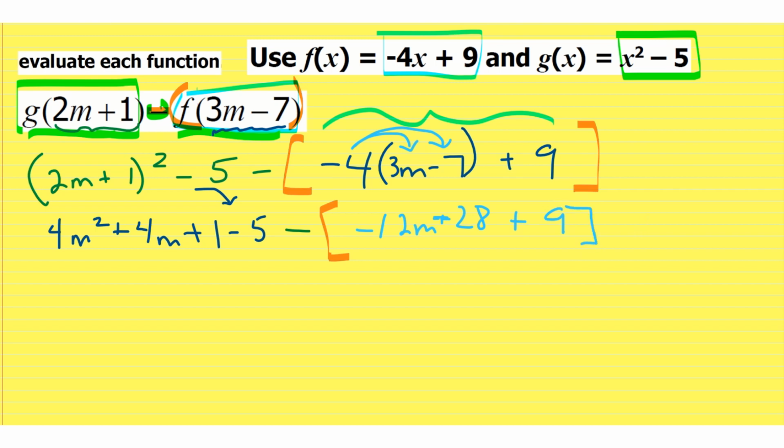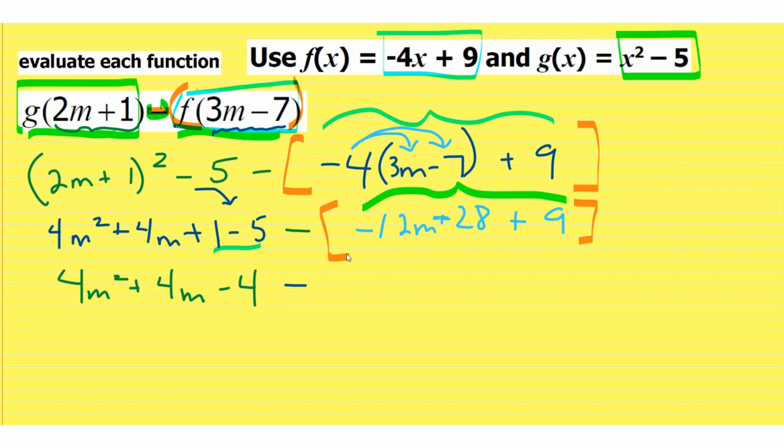Okay, so again, oops, let me change that color. Close my bracket. Okay, so at this point on the left-hand side here, let's go ahead and just combine these two constants. Those are like terms, so let's go ahead and take care of those. So 4m squared plus 4m, and 1 minus 5 is minus 4. I still have my negative sign here, but I'm still going to work for just a moment to finish simplifying what's in the bracket.